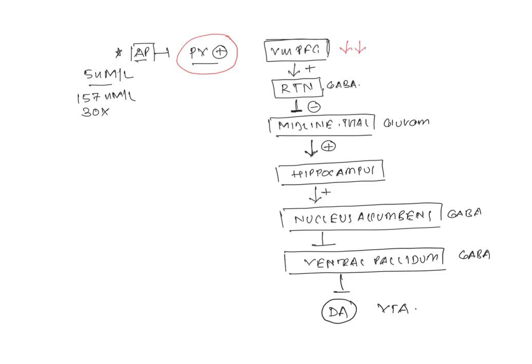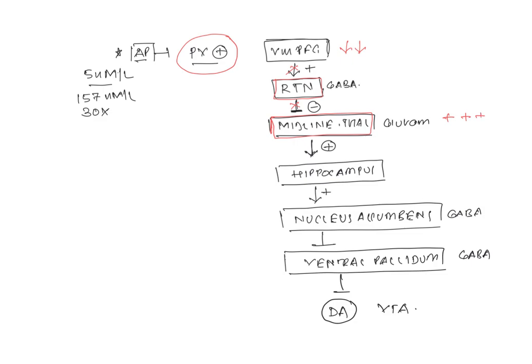If the ventromedial prefrontal cortex activity is reduced, then it's not able to stimulate the reticular thalamic nucleus, which is GABAergic in nature. If you cannot stimulate the reticular thalamic nucleus, you cannot inhibit the midline thalamic nucleus.